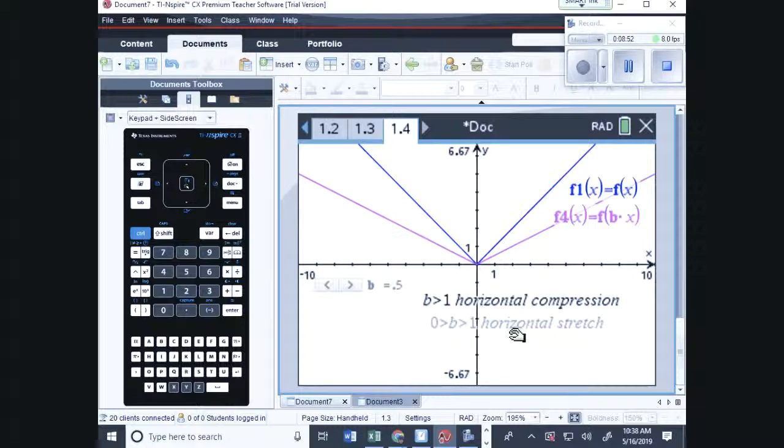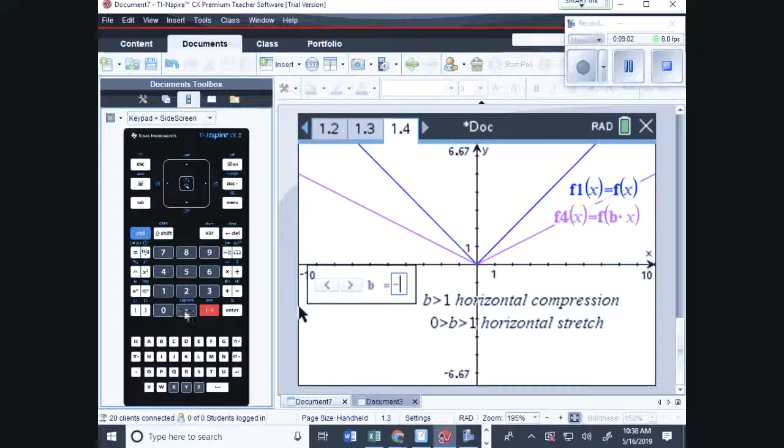Now, of course, b can be negative. Let's see what happens when b is negative. In this particular example, it may be hard to see. So what if I just let b be -1 and I hit enter? Okay, you can't really tell.